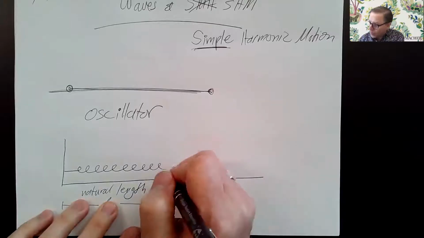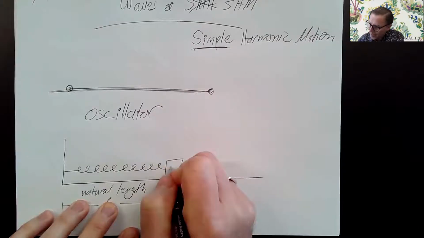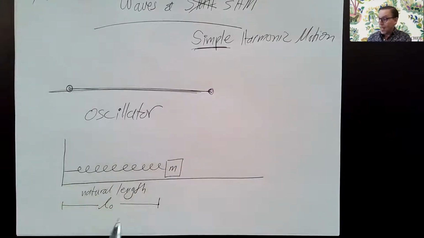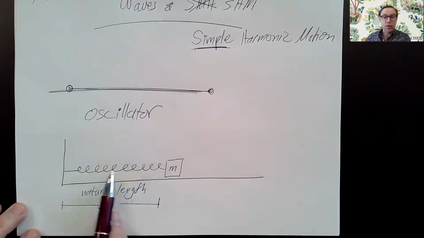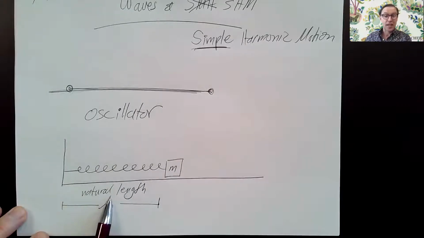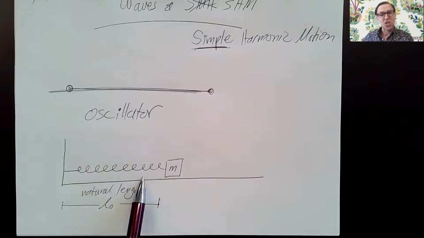So what we're going to do is add a little block of mass M, and we're going to attach it to the end of the spring. And since the spring is neither compressed nor stretched, because the spring's length is its natural length, the spring exerts no forces on the block, and the block exerts no forces on the spring.